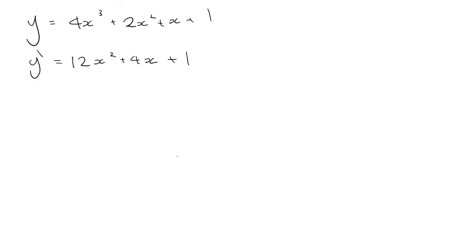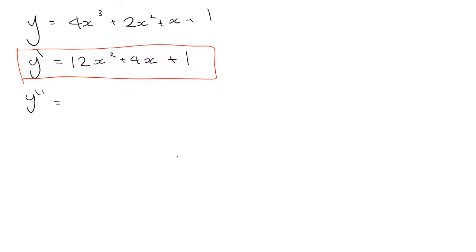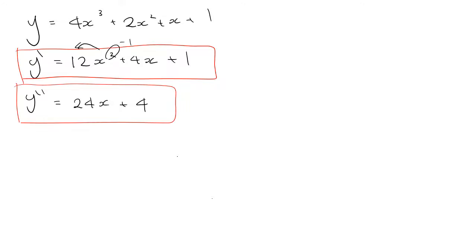Now the second derivative is y dash dash, and that is basically the derivative of the derivative function. So we're finding the derivative of y dash. It's the same rule. You move the power to the front and take 1 from the power. So you get 24x plus 4. So that is our second gradient function.